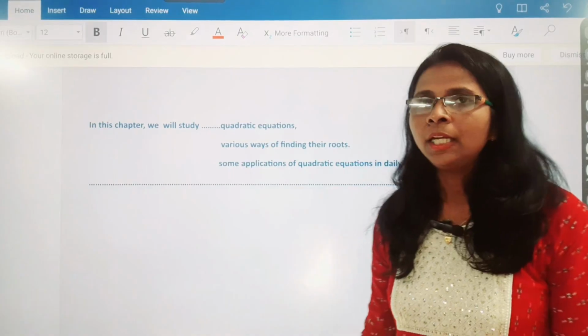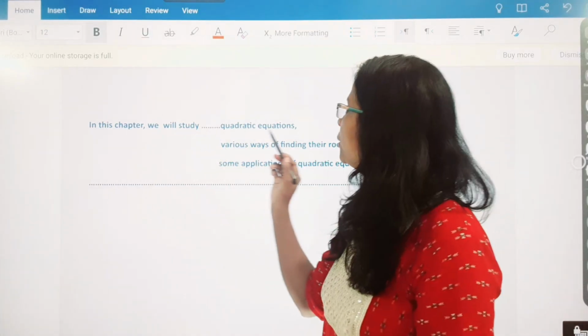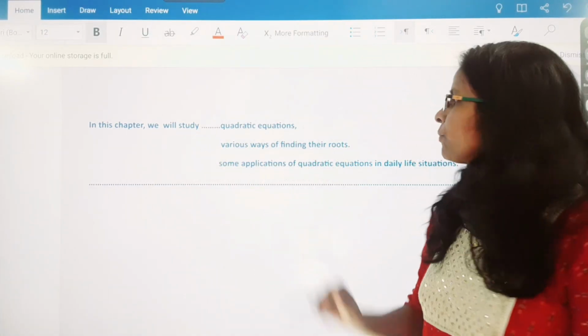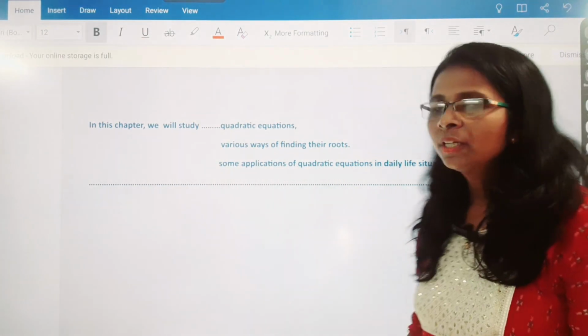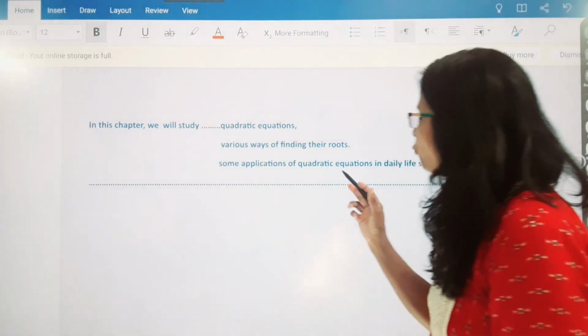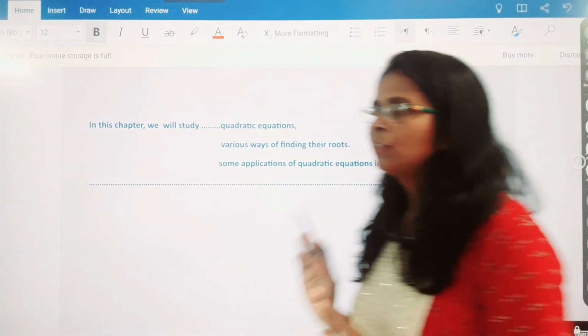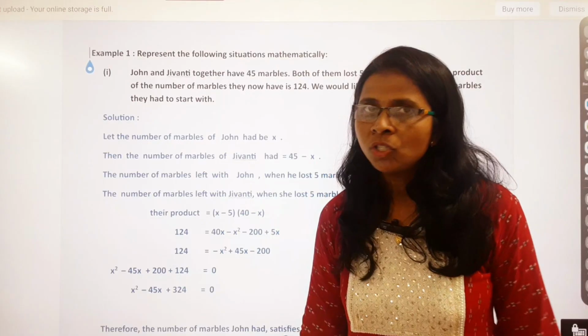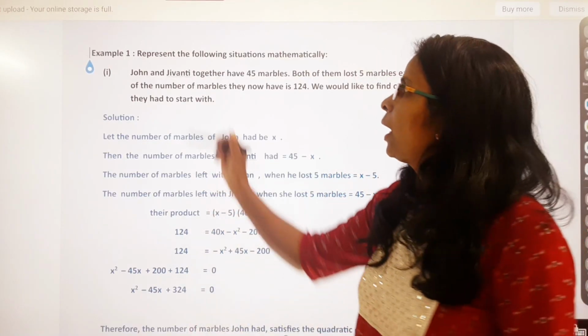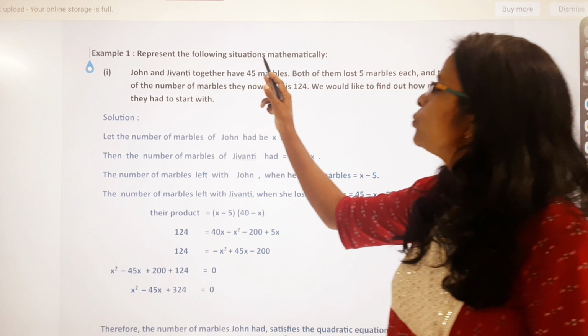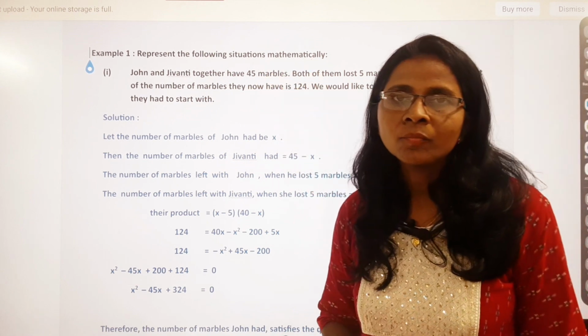In this chapter, we will study quadratic equations, various ways of finding their roots, and some applications of quadratic equations in daily life situations. Now see example 1. Represent the following situations mathematically.